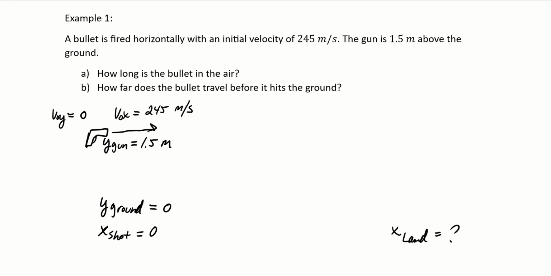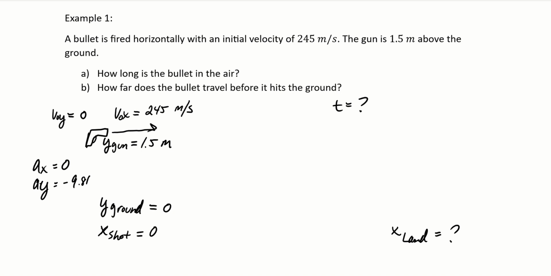The other thing that we don't know is how long the bullet is in the air. So you can call it t or delta t. The delta is implied. Okay? We know a couple of other things. Our acceleration in the x direction for this type of problem is always 0. And our acceleration in the y direction is negative 9.81 meters per second squared.